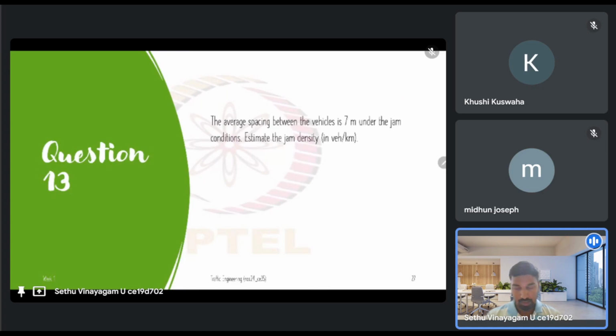Okay, question 13: the average spacing between vehicles is 7 meters under jam conditions. Estimate the jam density in vehicles per kilometer. The options are 0.007, 7, 143, and 21.